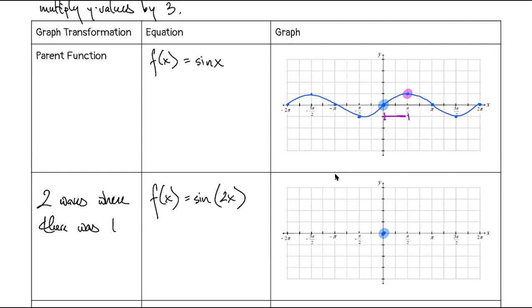Okay. And how many boxes did I go to complete 1 wave? I went over 8. Okay. Well, if 1 wave fits in 8 boxes, and now I need 2 waves in 8 boxes, how many boxes will it take 1 wave to happen?